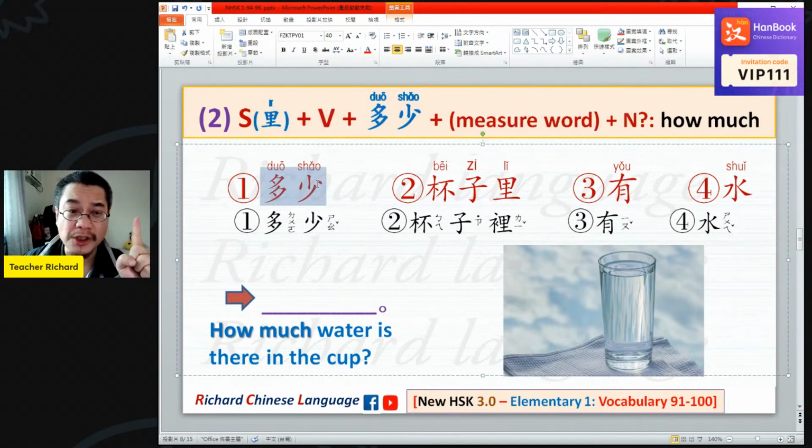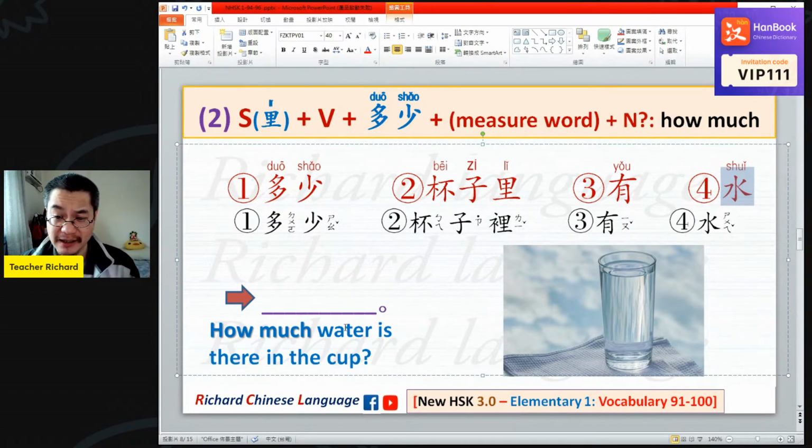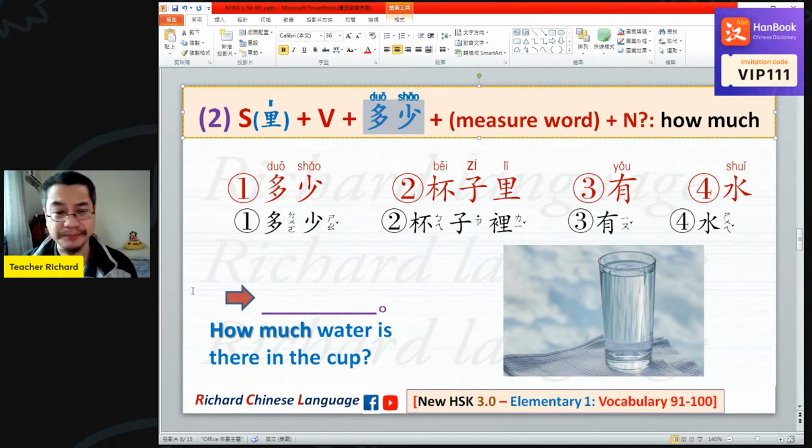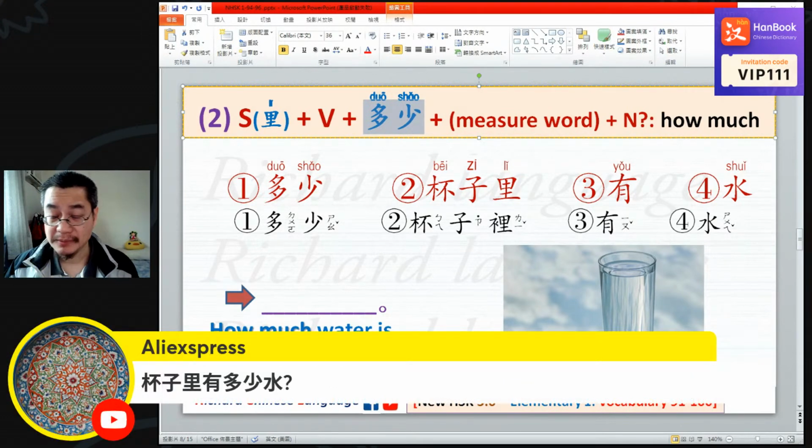Okay, so 杯子里有水 What's the answer here? When you talk about water, it's how much, right? But in Chinese, we all use 多少. 杯子里有多少水 How much water? Very good.